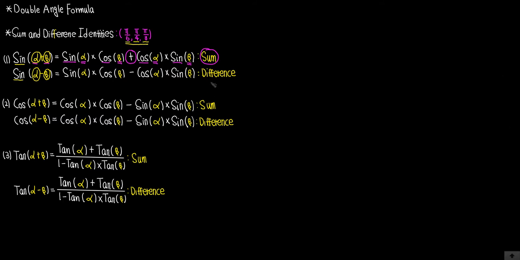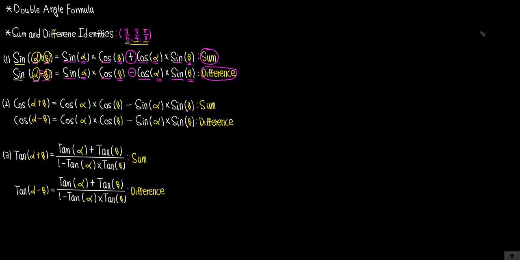The reason why it's called the difference identity is because in order to form an angle measurement, we subtract two special angles. So when it is a negative sign, the formula will be the sine of alpha times the cosine of beta, which is exactly equivalent to the sine of alpha plus beta, just like I explained in our previous videos. But instead of plus, it will be negative, or minus, cosine of alpha times the sine of beta. And this is the difference identity for the sine.